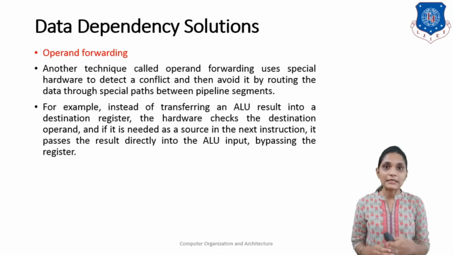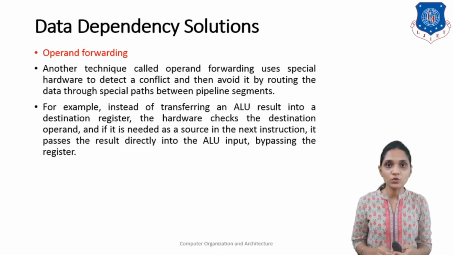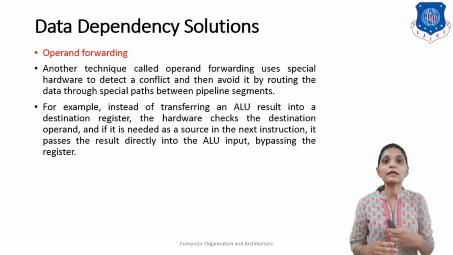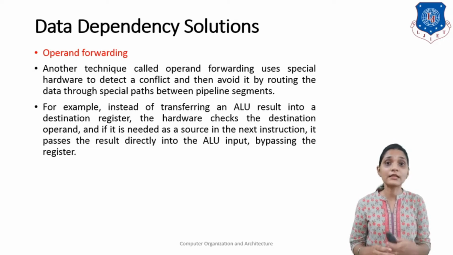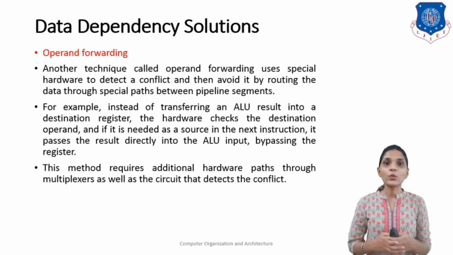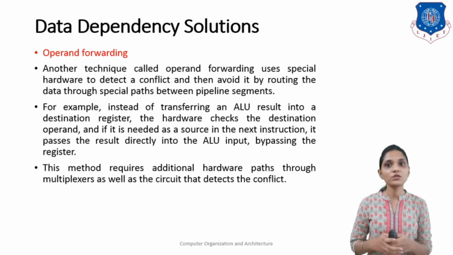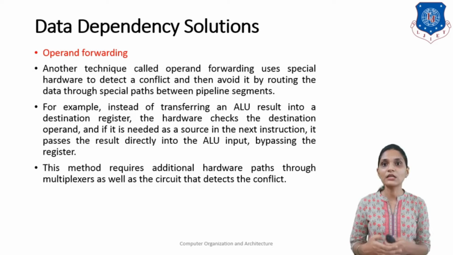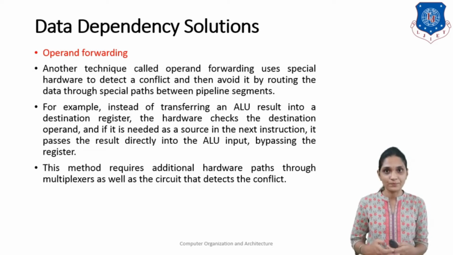So your data is directly available to you before storing into that register, and you can use the indirect register mode with this. This method requires an additional hardware path through multiplexers as well as a circuit that detects the conflicts.